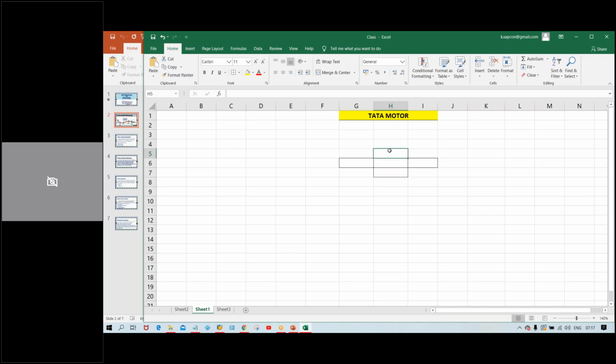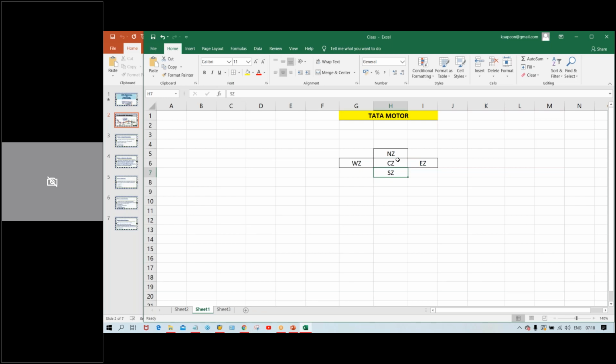This is like north zone, south zone, east zone and west zone, and one central zone is also there. So they have segregated it into 5 zones.